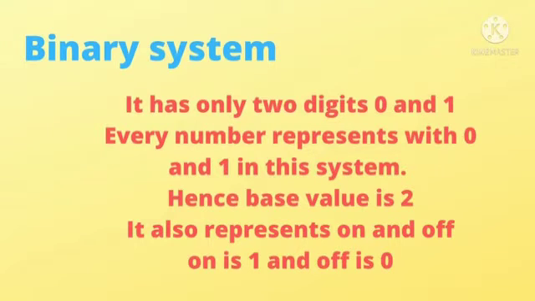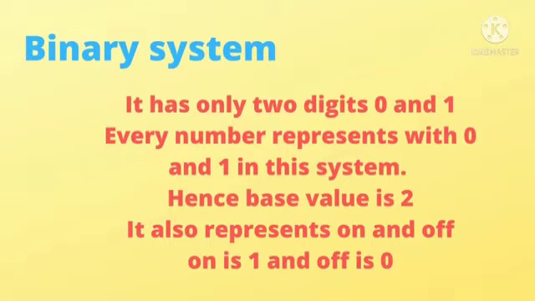So first one is binary number system. A binary number system has only 2 digits, that are 0 and 1. So every number represents with only 0 and 1 in this system. So in this we can tell 0 is regarded as off and 1 is regarded as on.